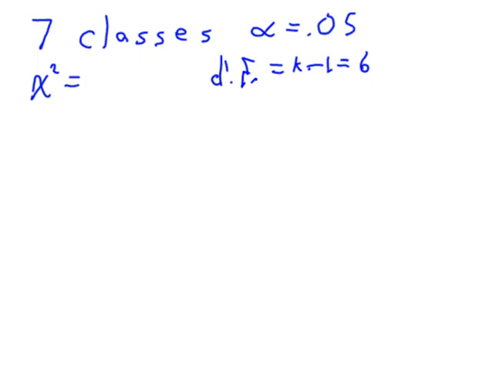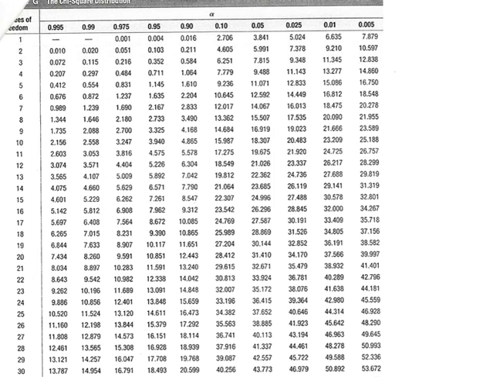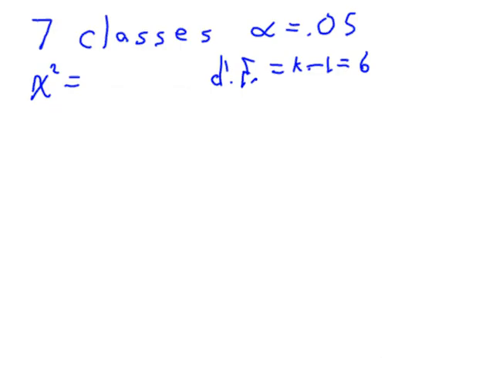And going to that table that I showed you, finding our degrees of freedom is 6, and over across underneath 0.05. That gives us 12.592 as our chi-square score. So 12.592.